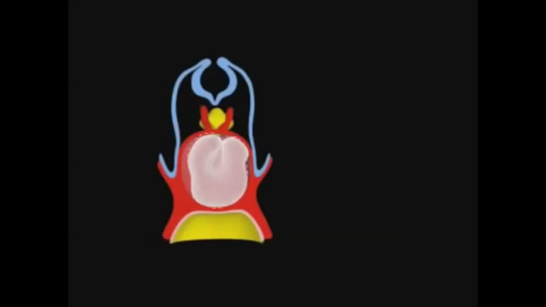So this is the pericardium, and inside of it this heart loop, it means tube, becomes very folded and fills the whole cavity, looping several times inside.